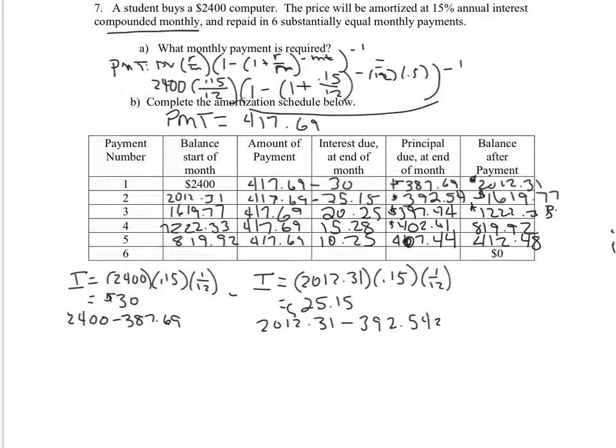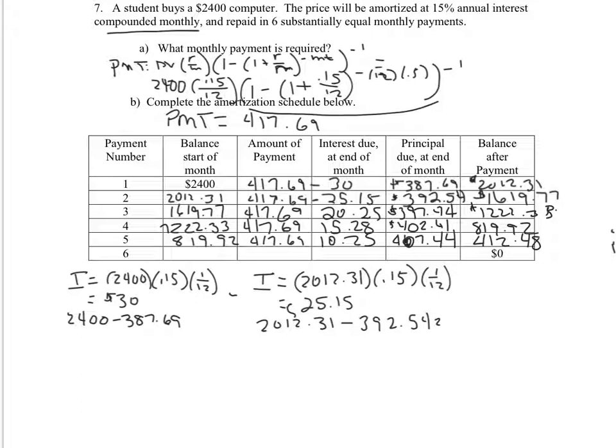On payment 4, you would have had $15.28 in interest, which would mean $402.41 of that payment amount went toward principal, leaving you with $819.92 as a balance at the end of the month.